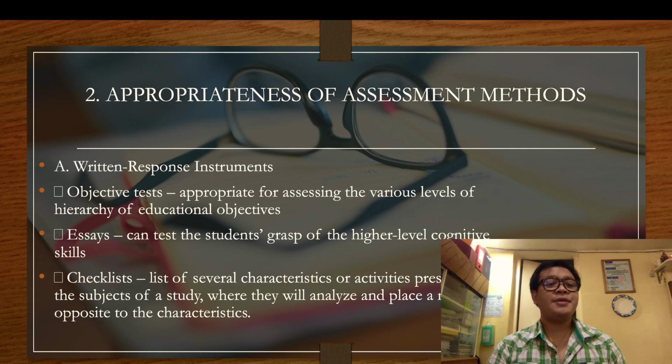We also have essays, which can test the students' grasp of higher level cognitive skills, and we also have checklists. A list of several characteristics or activities is presented to the subject of a study, where they will analyze and place a mark opposite to the characteristic.